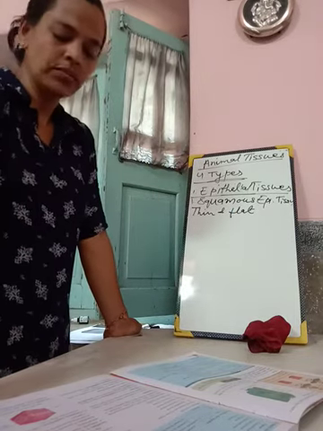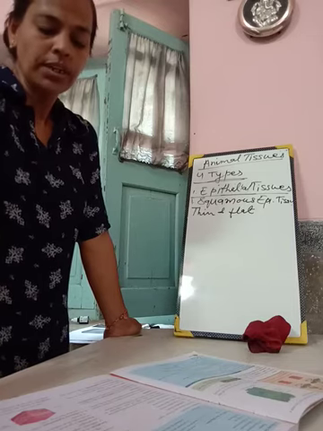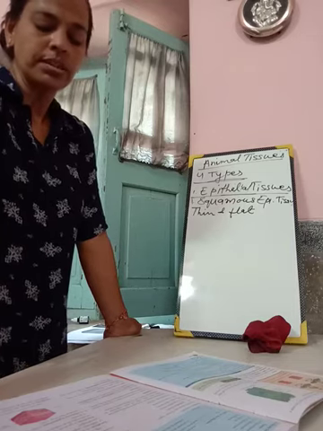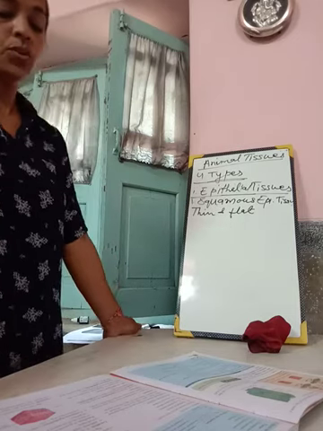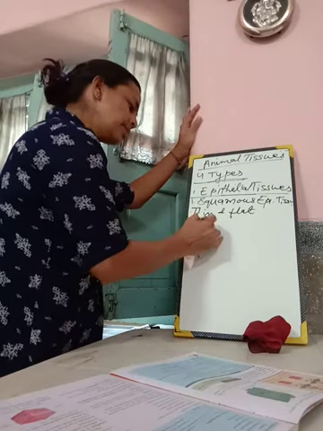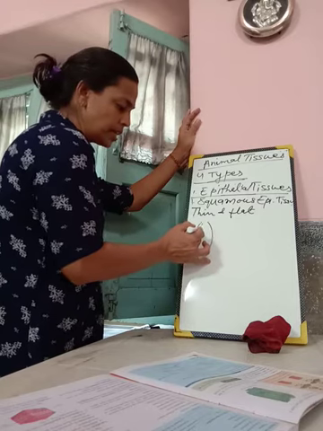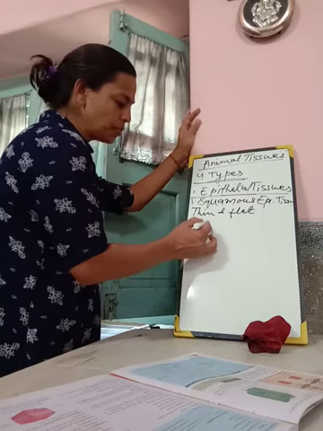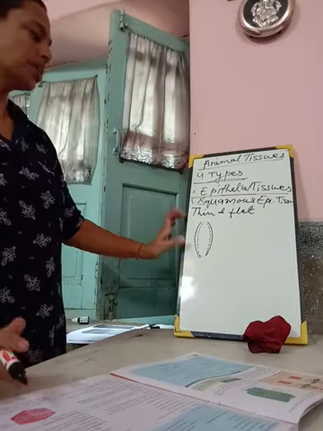Location: it forms the lining of cavities of different organs like the mouth and esophagus. Lining means inner layer. It forms a layer inside an organ. This is known as lining.